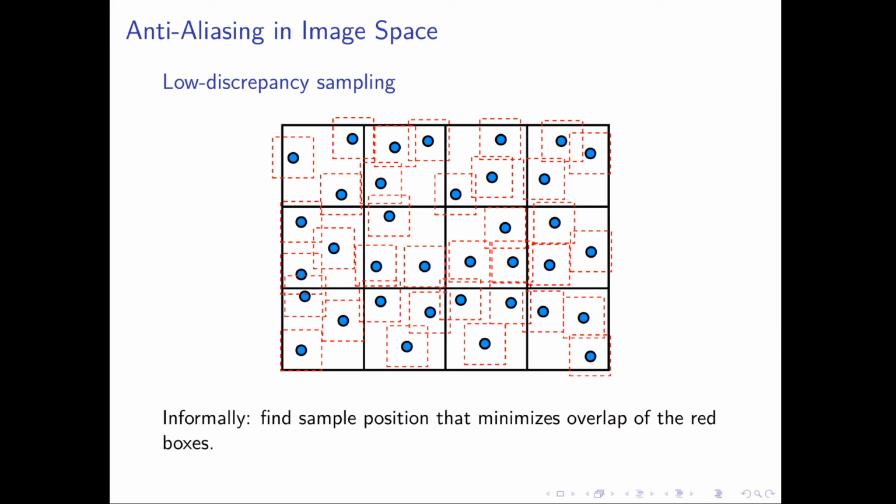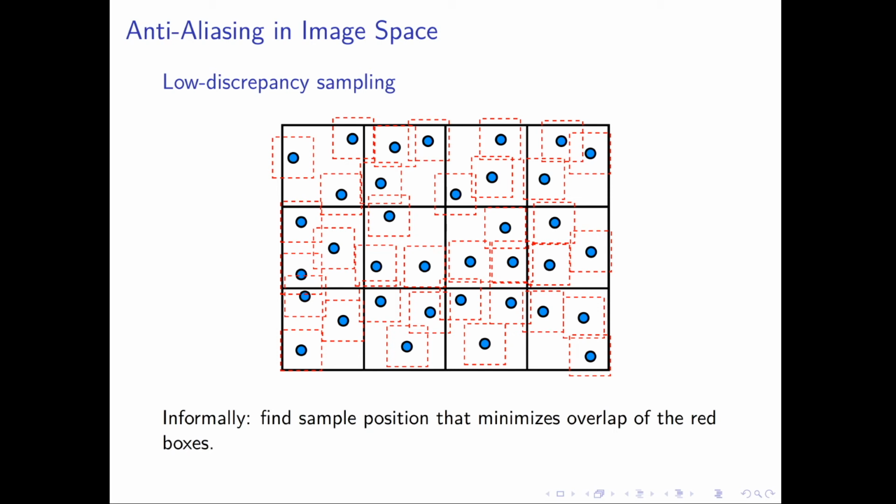So earlier, I already said that the efficiency of the sample placement that we're using is described by something called the discrepancy. The discrepancy is a measure of efficiency, and we want to minimize the discrepancy.